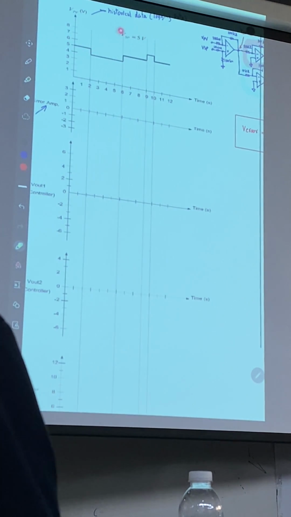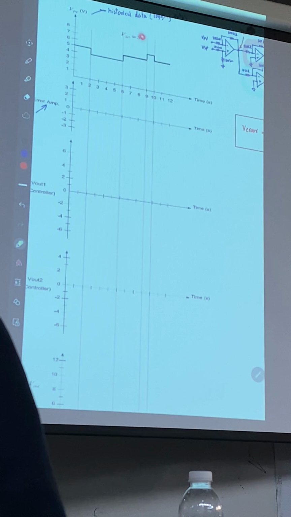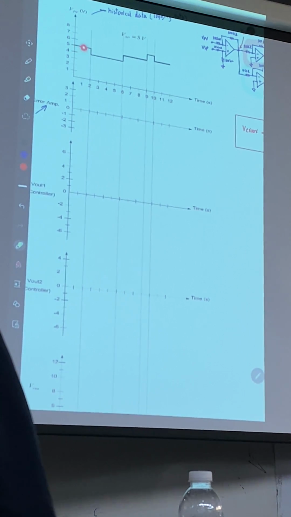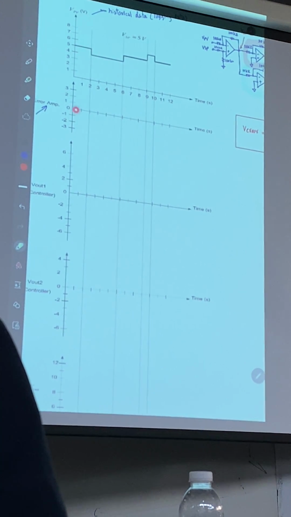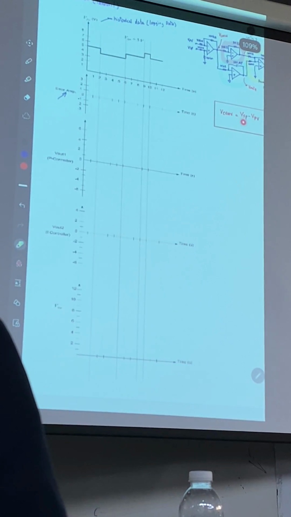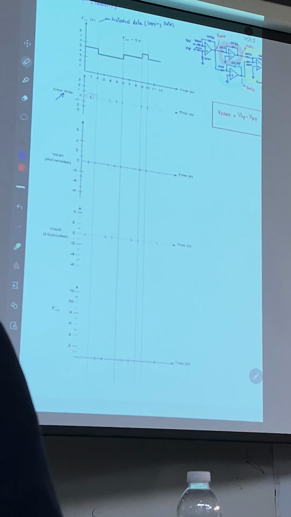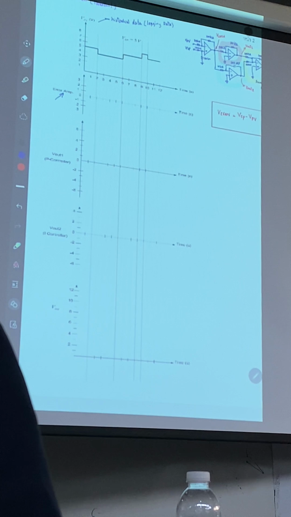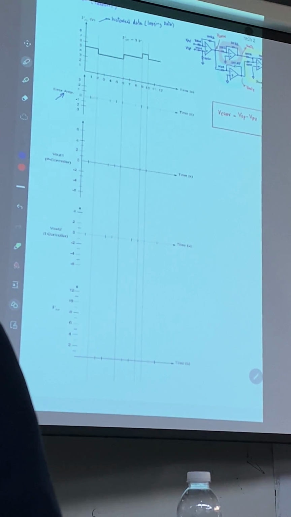We have a set point at 5 volt. It is the PV value. So what should be the answer here? V error is equal to the set point minus VPV. Set point is equal to 5, VPV is equal to 5. 5 minus 5 is equal to 0. So you will get something like 0 here. 0.